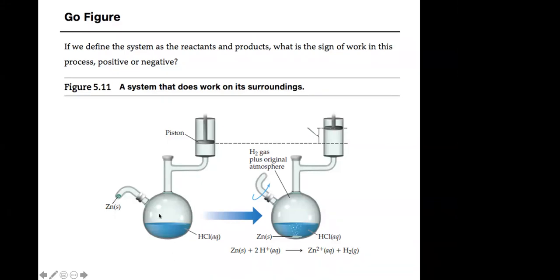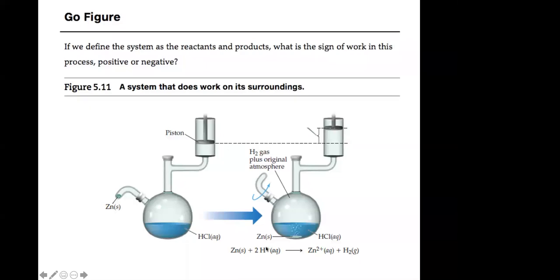If I form H2 gas, what's it going to do? It's going to push against this piston. So that's what they're showing within the reaction right here. They plopped in the zinc. It reacted with the H plus. Notice how that's a redox reaction. Zinc is going from an oxidation number of 0 to +2.